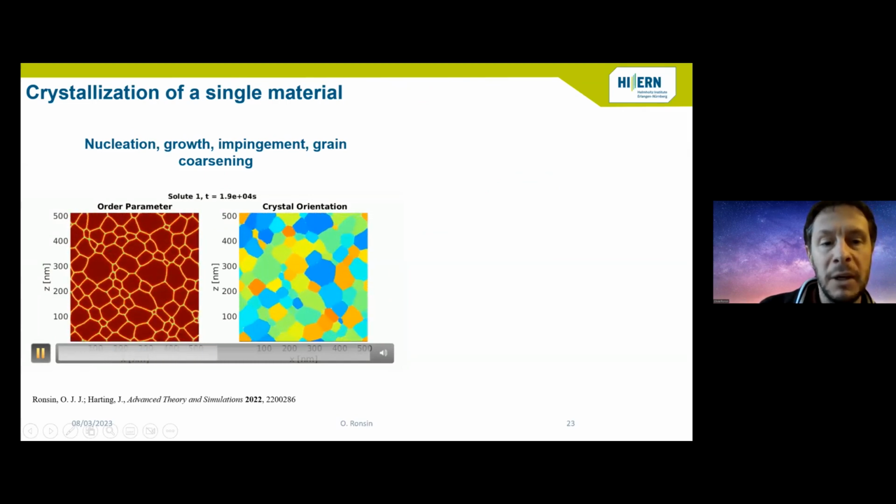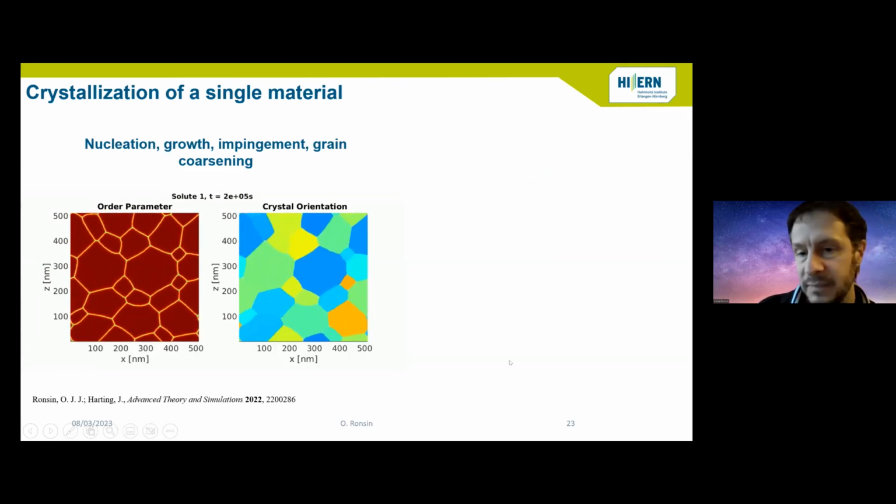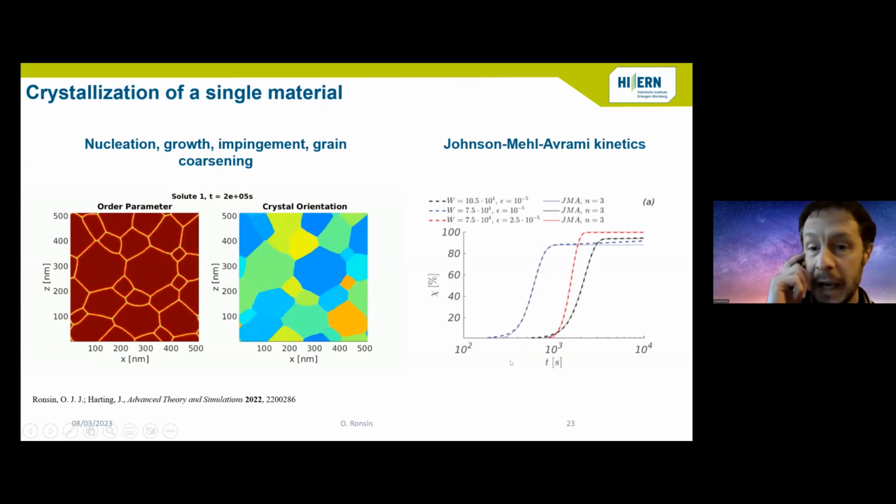And then you have grain coarsening at the boundaries. So from such simulations, we can extract the time-dependent crystallinity. And if you do this for different model parameters, this is not really important, you end up with curves that you can nicely fit with the classical Johnson-Mehl-Avrami model.